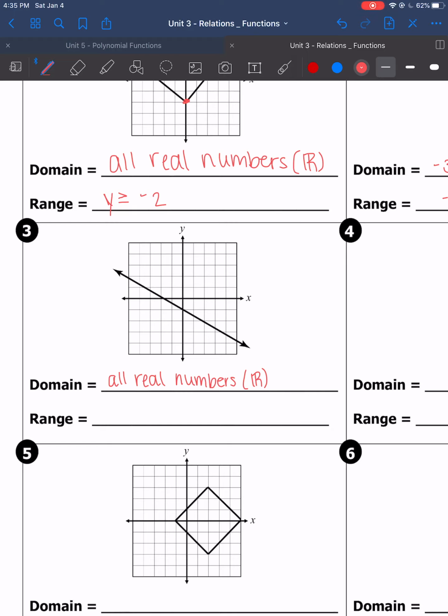And then range, take the y's, and although it looks like it could stop here, our graph just doesn't go far enough in that direction. So my range is also all real numbers in this case. If you want to think about it, look at the arrows. The arrows go in both directions, so that means it's going to cover everything.